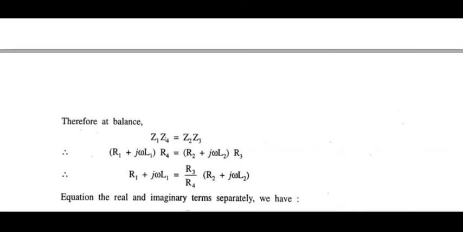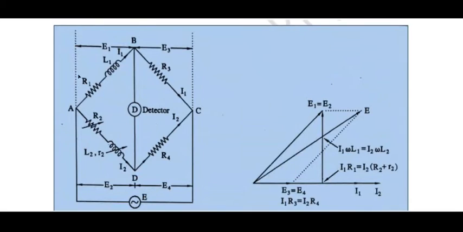In the first combination, Z1 into Z4, Z1 is combined with this inductance and resistance, so that's why we are considering omega L1. For Z4 there is no inductance, so you can directly put the value of R4 here.